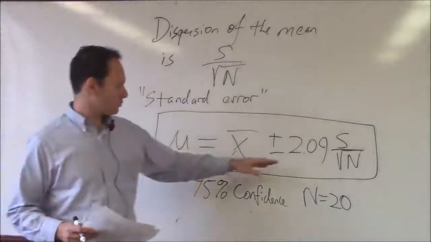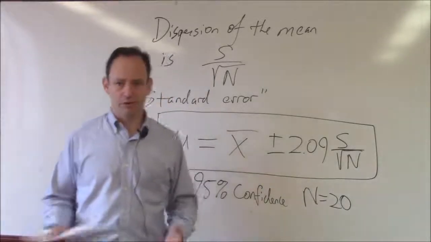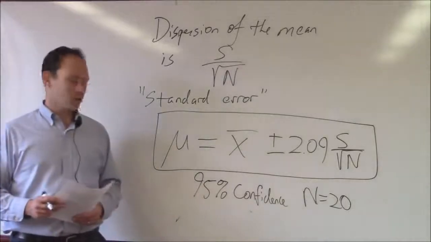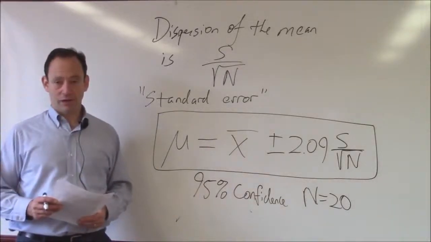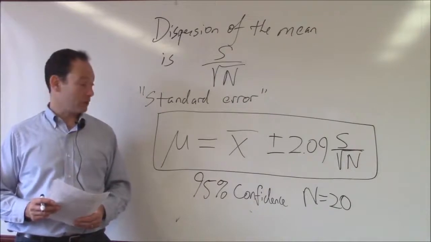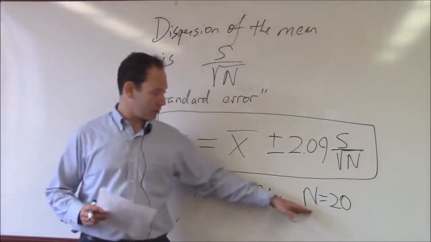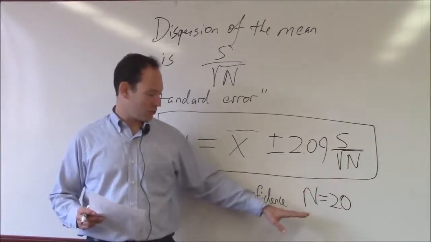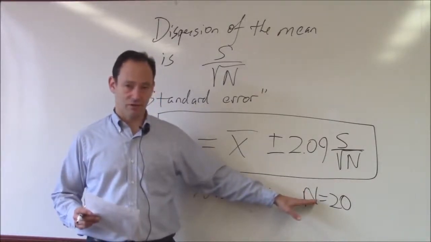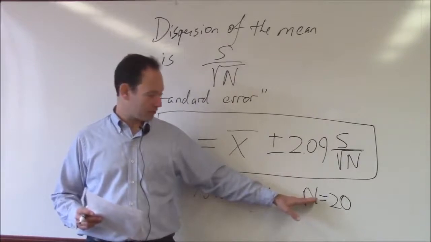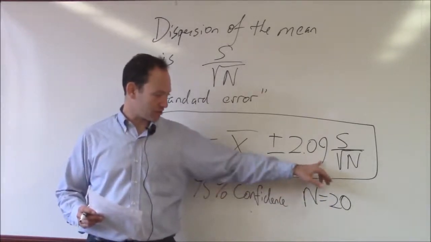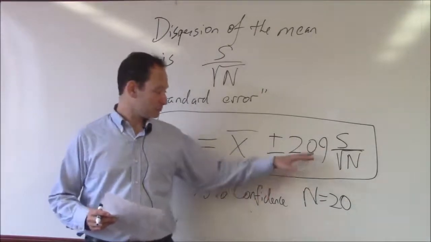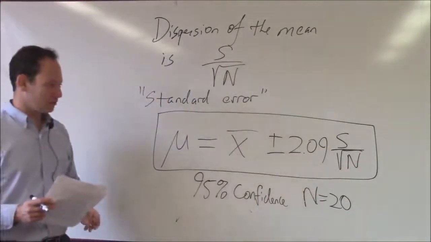So where does this number 2.09 come from? You might be wondering. It seems a little arbitrary. It comes from what's called the student's t-test, something you'll learn about in Prob Stats 273. And as n goes up, this number goes down. If you have an enormous, like thousands of data points, this number drops slightly below 2 to 1.96. But for what we're doing, this is good enough.